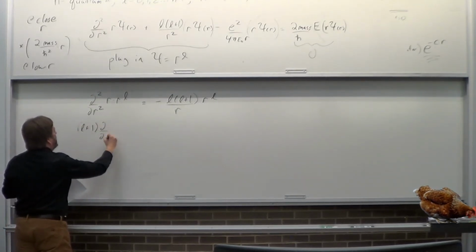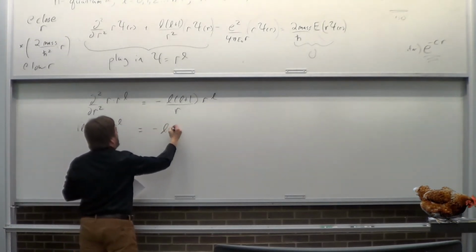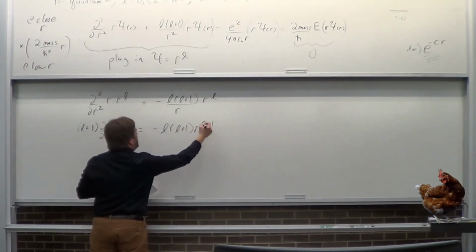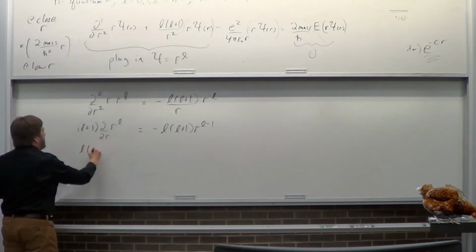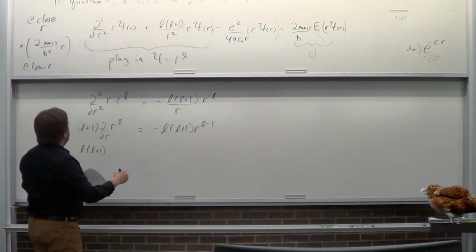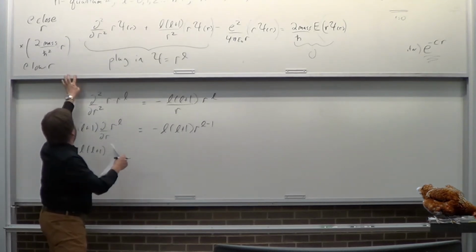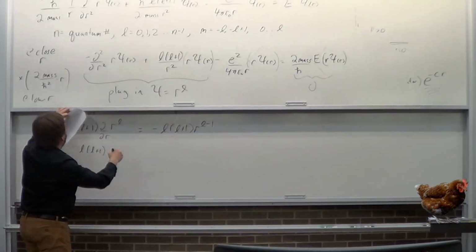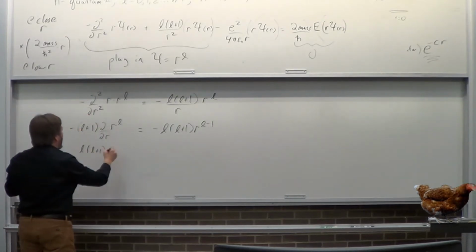I'm left with the derivative of r to the L. I can do some factoring a little bit more on this. This is r to the L minus 1, right? Again, that's just algebra. Then this ends up being L times L plus 1. Did I make, I'm missing a minus sign right here. Sorry, minus sign right there, right? I multiplied by mass times h squared, not minus. Sorry.